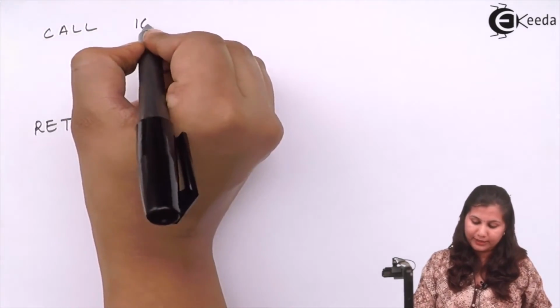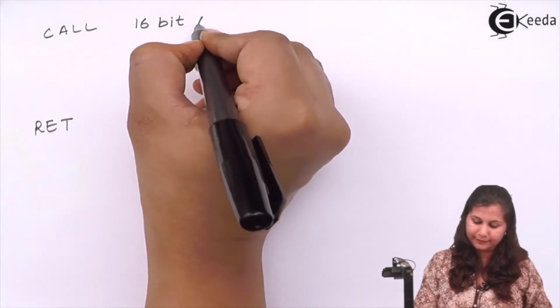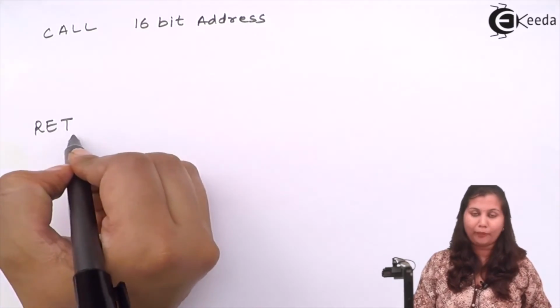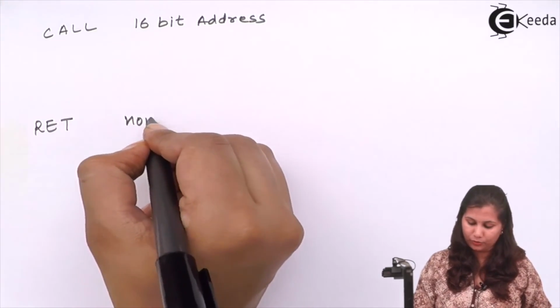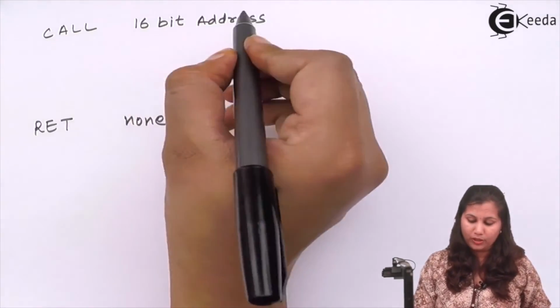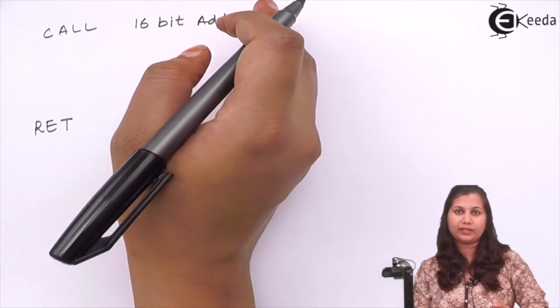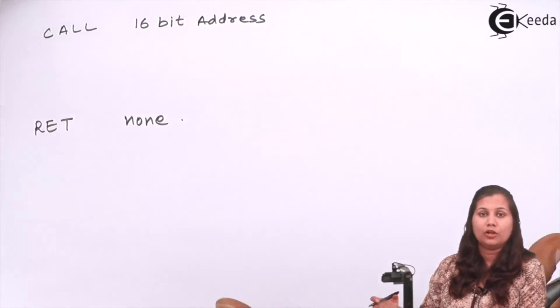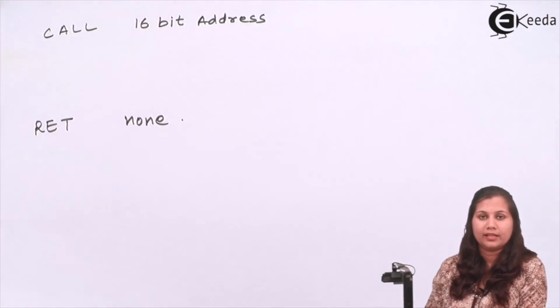Now the operand for CALL is a 16-bit address, and the operand for return is none. So we write CALL, a 16-bit address is given here, and at that 16-bit address is the location where the subroutine is written.